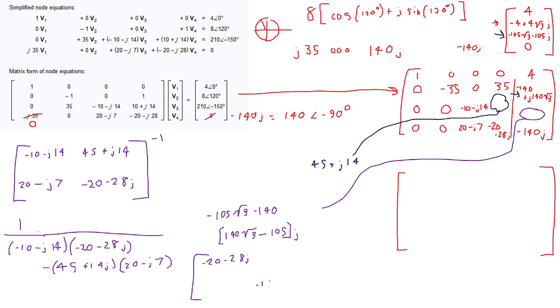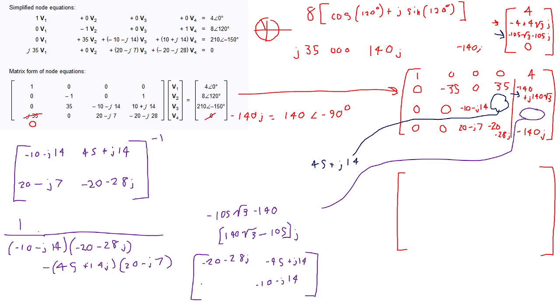Down here is the negative 10 minus J14. Then I'm supposed to take negative B and negative C. So this is going to be minus 45 plus J14.